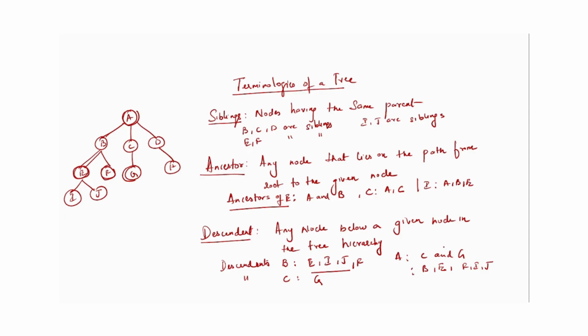So we will not count the root node. Descendants of A are all the nodes except the root node.